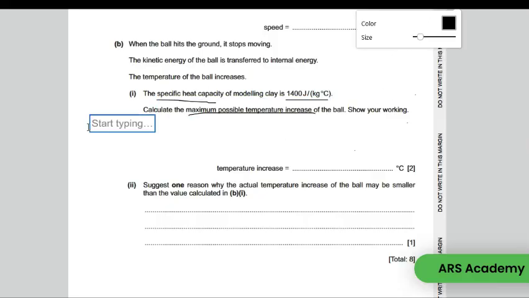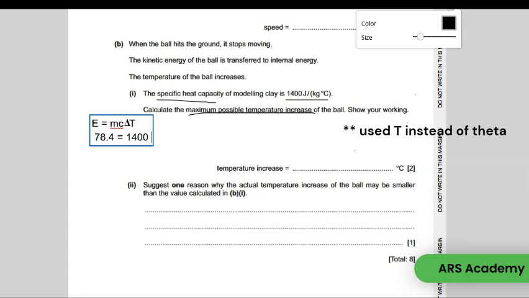So we have the specific heat capacity, we have the mass of the ball, and we already calculated the total energy of the ball to be 78.4. So we can use this formula, E is equal to mc del theta, where theta is the temperature change.